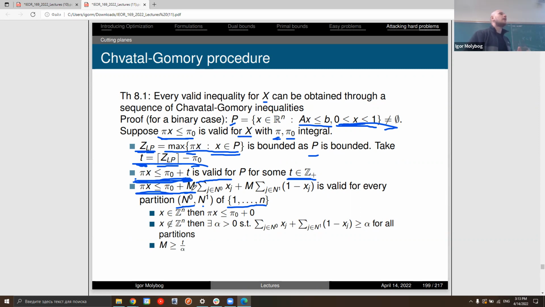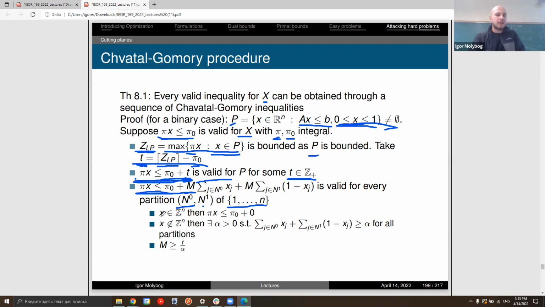This is a valid inequality for P. For X it would be obvious, so we are trying to prove it for P, which is not obvious. Okay, so let's try to do that.